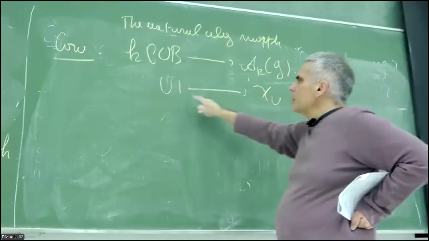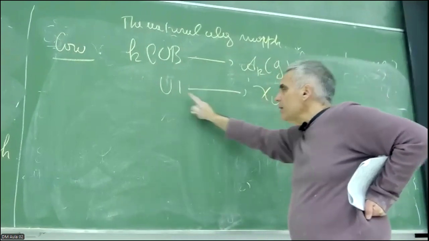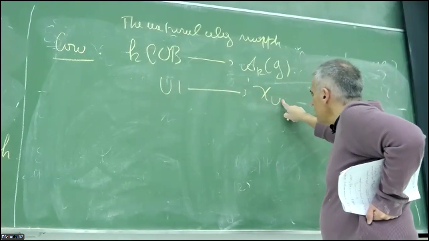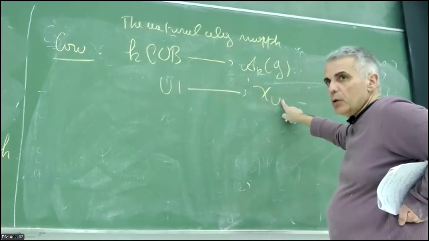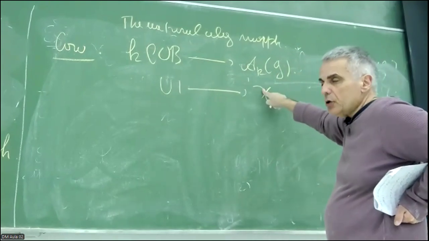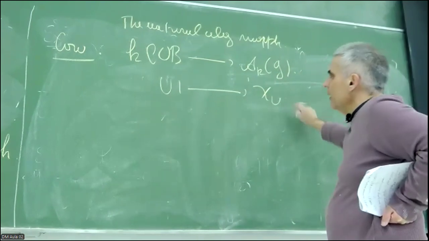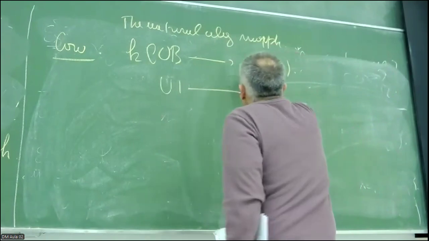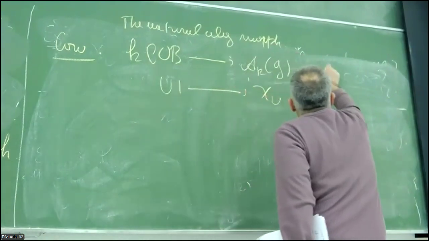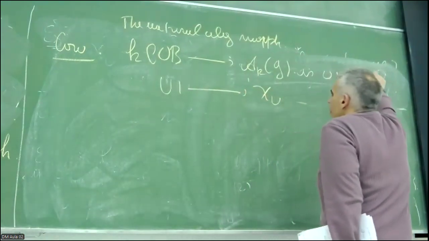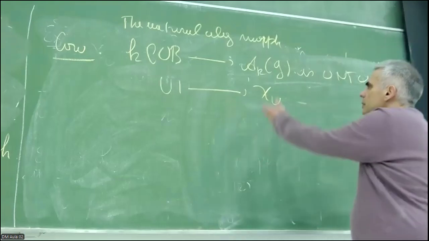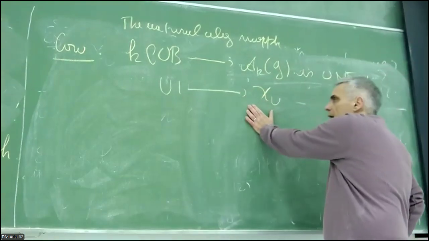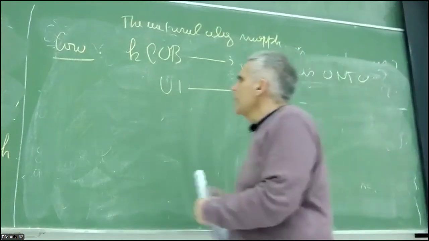Why? Because the characteristic function of U composed with V is exactly the convolution product of the characteristic function of U and the characteristic function of V. So this induces a homomorphism, and this homomorphism is surjective, because the characteristic functions of compact open bisections generate this as a K-module.